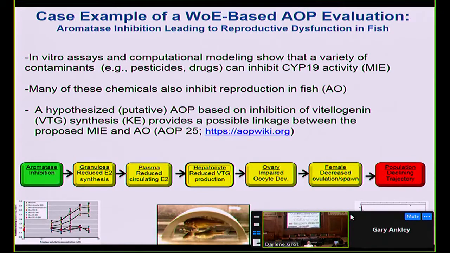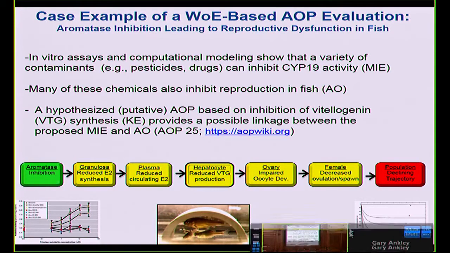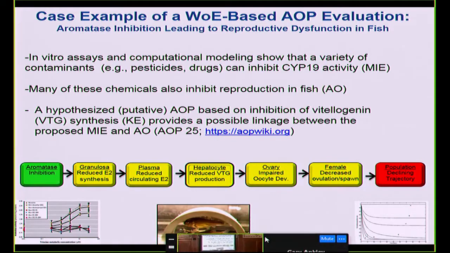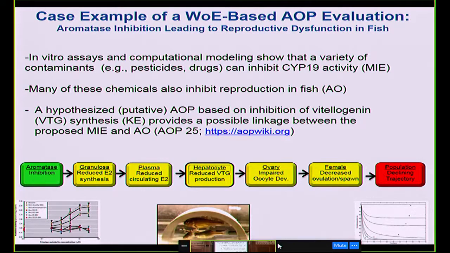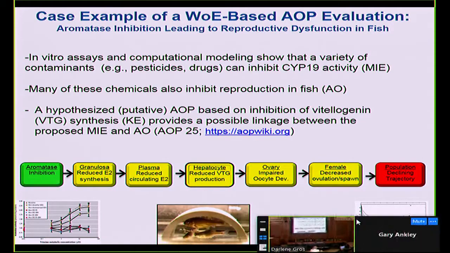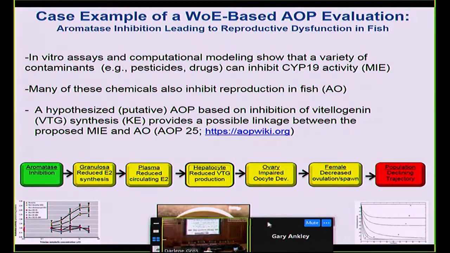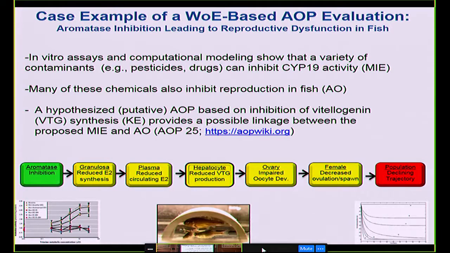Here we're looking at an AOP that features a molecular initiating event of inhibition of cytochrome P450-19, an enzyme called aromatase. We know that there are a number of chemicals in the environment, pesticides and drugs, that can inhibit aromatase activity, and that many of these chemicals also inhibit reproduction, in this case in fish.